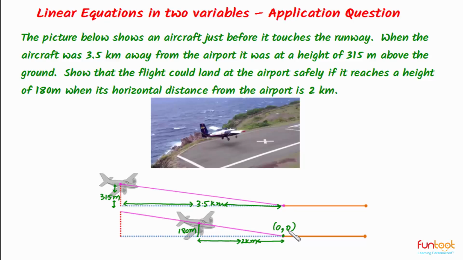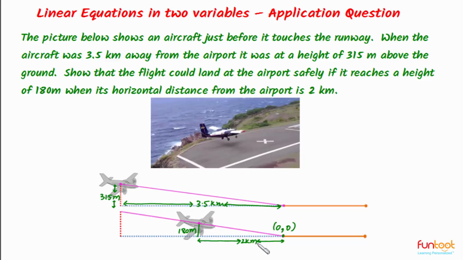Let's understand the approach for solving this question. An important point to look out for here is that the path of descent of the aircraft is a straight line. That means height and the horizontal distance will follow a linear relationship. That would imply for height and horizontal distance, we can form a linear equation.